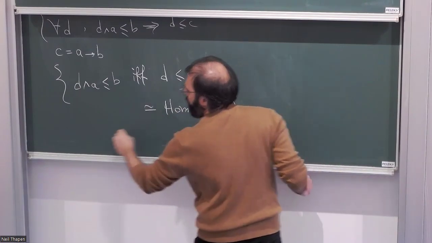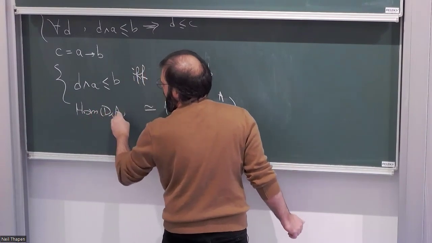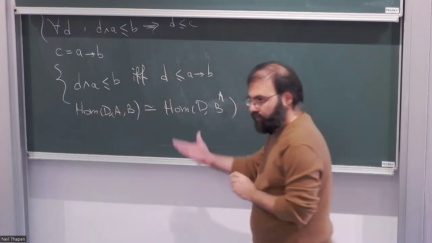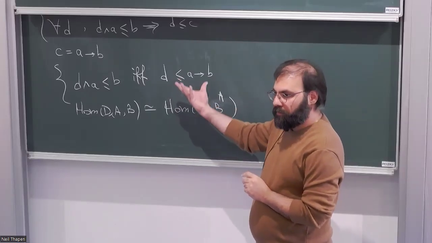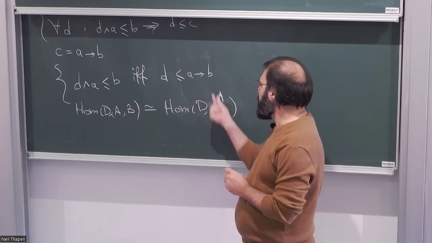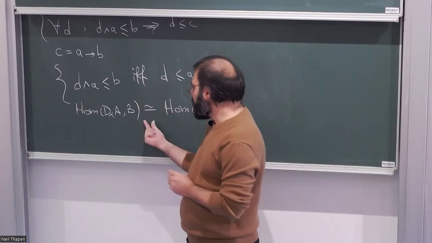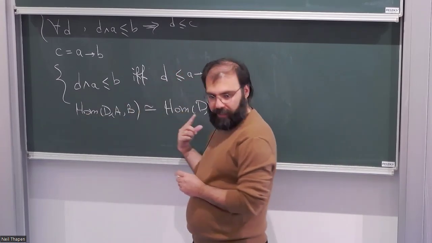It is isomorphic to hom of D times A and B, right? So we had this. And hom simply means that this is because there is at most one thing here. So it means that D is less than A implies B if and only if D and A is less than B. So this is just the propositional version of that.